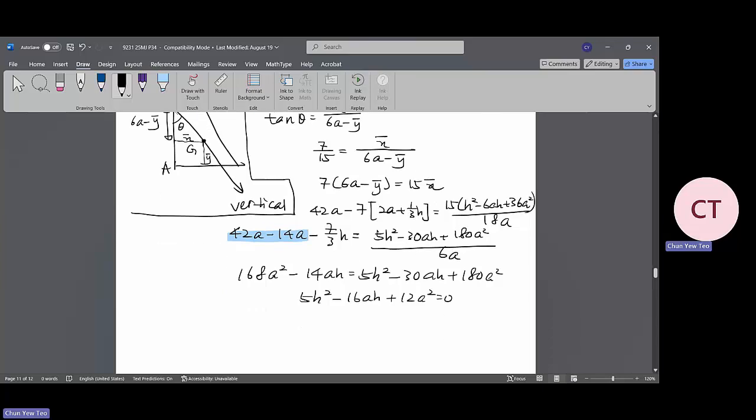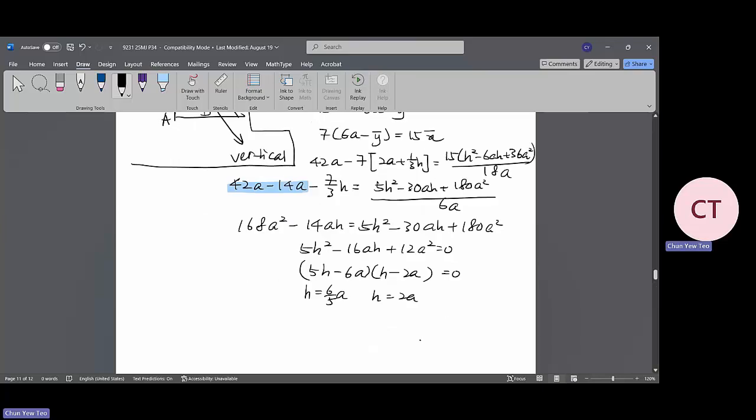Then you factorize it. We're having a quadratic equation over here. You factorize it. This will be negative 6A. This will be negative 2A. Then therefore you get H is equal to 6/5A and H is equal to 2A.